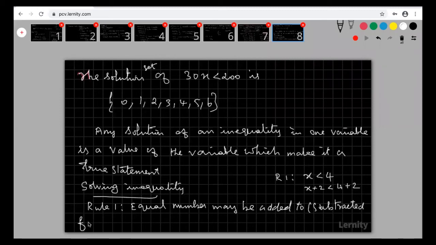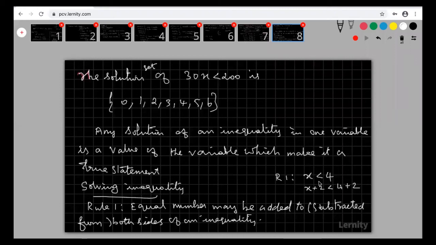Equal number may be added or subtracted from both the sides of an inequality. Here you don't change the relation of the sign, the less than sign.